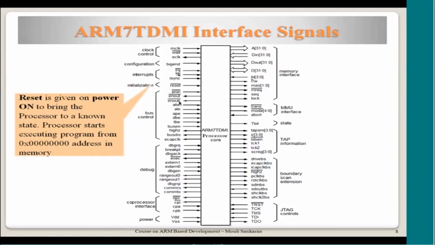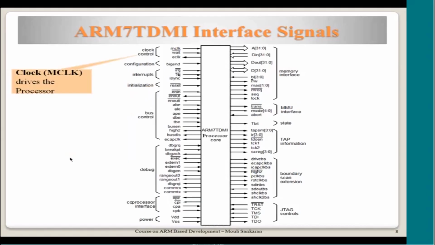When the signal is low, it is active. What happens when the reset signal is activated is that the processor starts executing code from the address 0x0. This is the hexadecimal notation of the address. I have given this many zeros because it's a 32-bit processor and the address range is 32-bit, from 00 to FF.